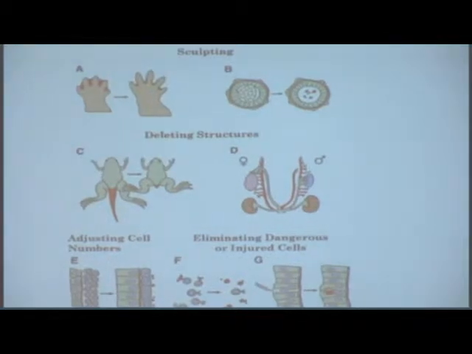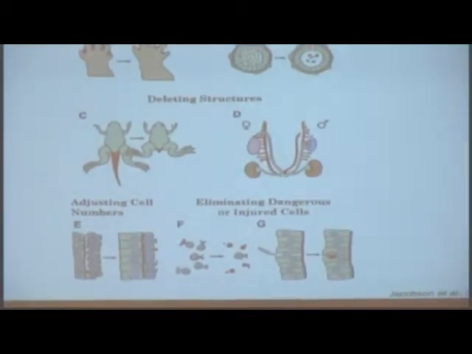Similarly, in us, cell death is used to create sexual dimorphism. What I mean by that is as we're developing, as very young embryos, we can't tell the difference between males and females. So we have precursor structures for both male and female organs, and one will die in the female, and then that'll generate the male, and vice versa.